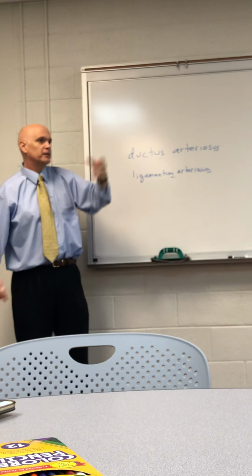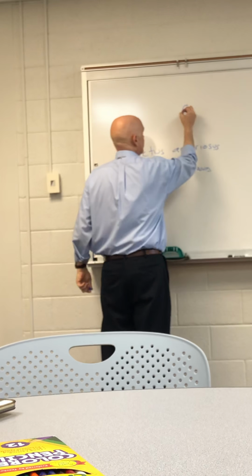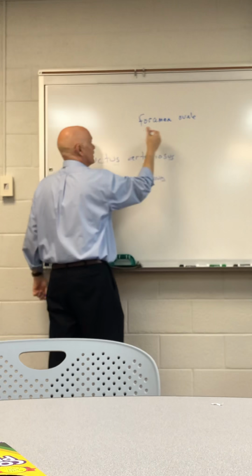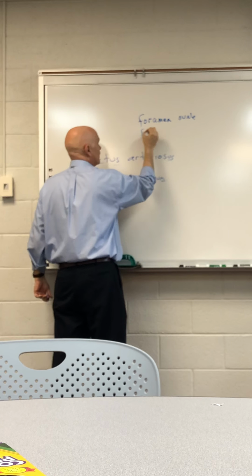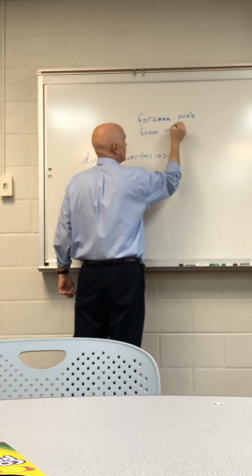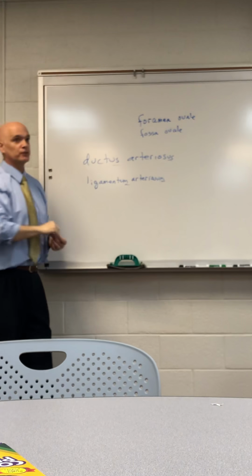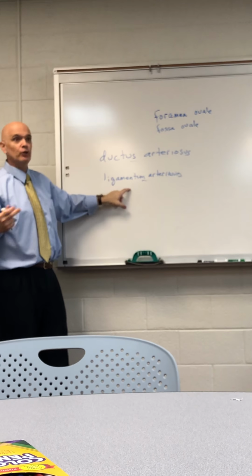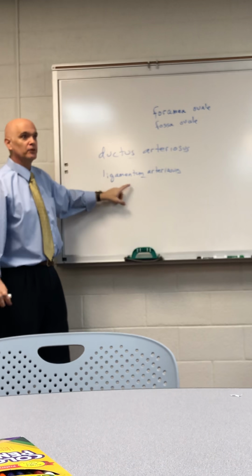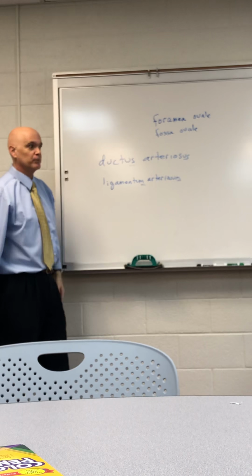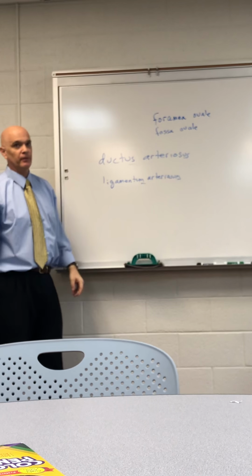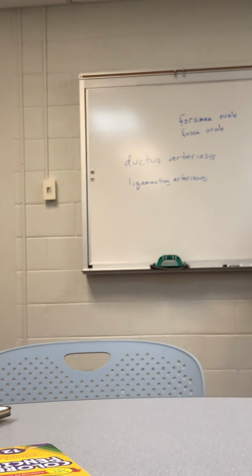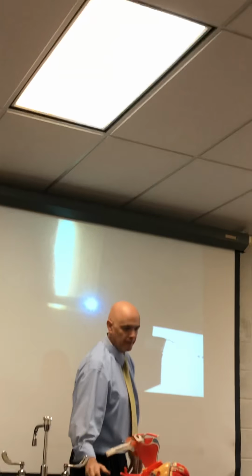And just like the fossa ovale, over here in the fetus we have the foramen ovale, and in the postnatal we're going to have the fossa ovale. Just like fossils are older, so you got a fossa, and a ligament, it turns into a ligament. It's no longer used, it just becomes scar tissue basically, the ligamentum arteriosum. Okay? So that's the heart. Questions on that?